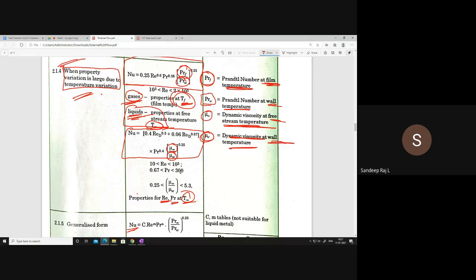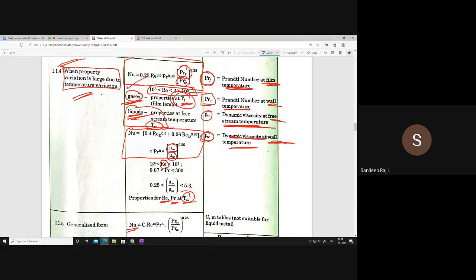Based on the range of Reynolds number, you have to make use of the formulas here. Here the Reynolds number is between 10 cube, that is 1000, and 2 lakhs. If it is between this, you can use this one.